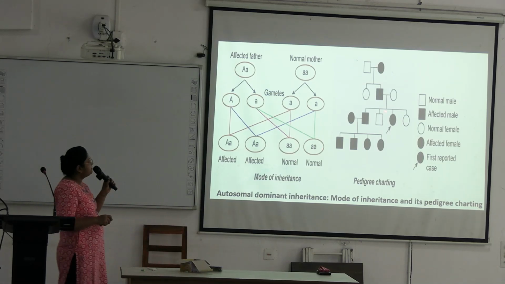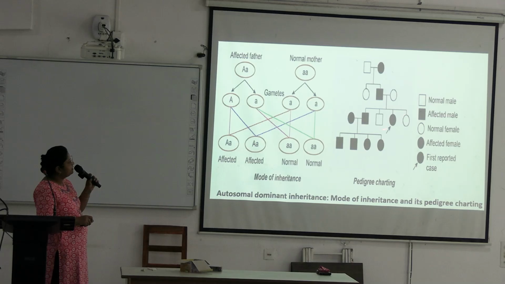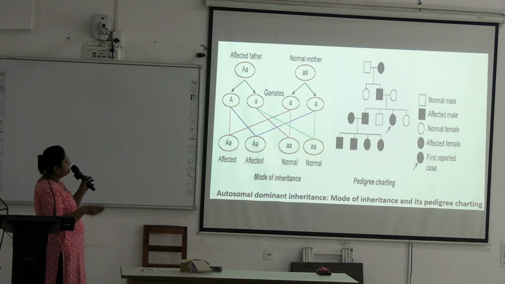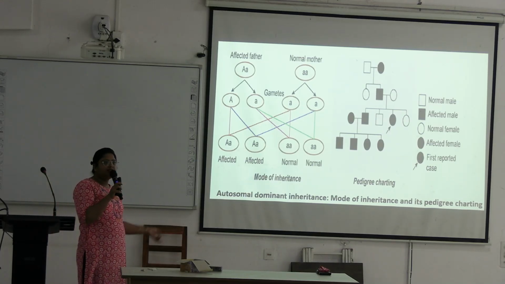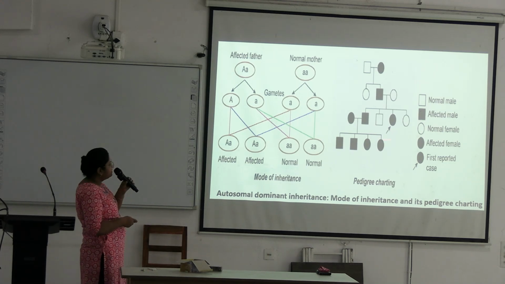So this is the first reported case in a female, and this arrow represents the person registering in the hospital seeking treatment or consultation. This arrow represents the first reported case.